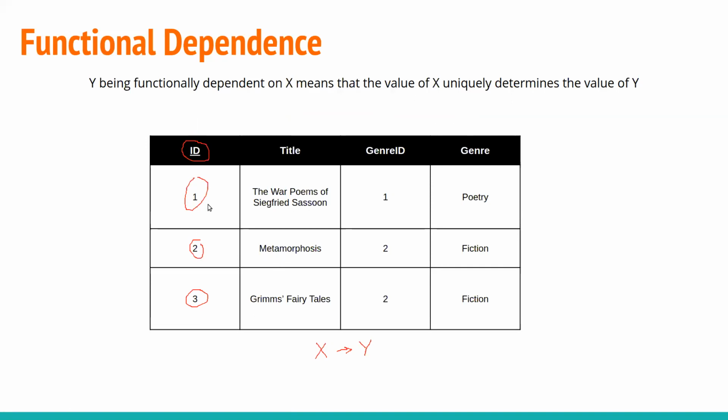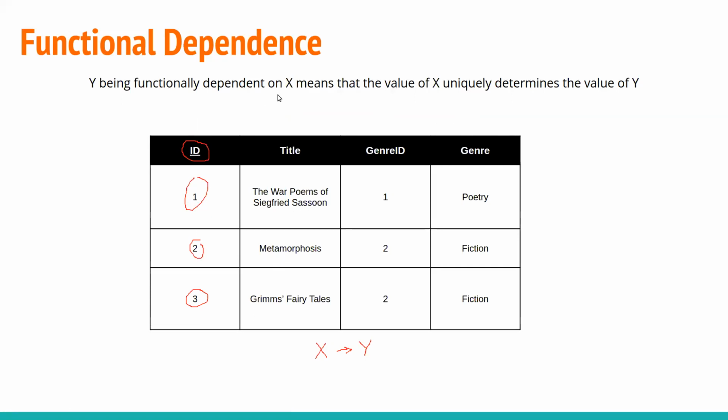As a rule, because the primary key's whole purpose, you remember what the primary key is? Its whole purpose is that it uniquely determines each row, each record in your table. So the primary key must have this quality by definition. Every single column must be functionally dependent on the primary key.